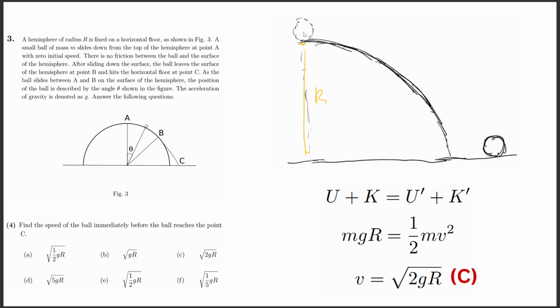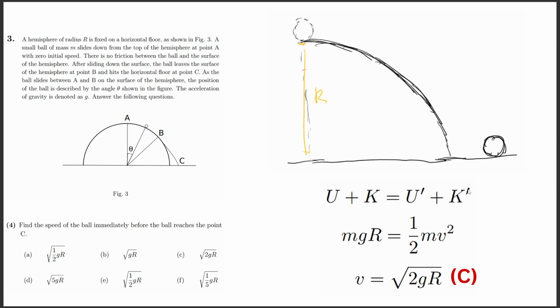At the start the ball has mgR and no kinetic energy. Immediately before the ball reaches the point C, the potential energy is 0, so there is no height above or below the ball, so R is 0.